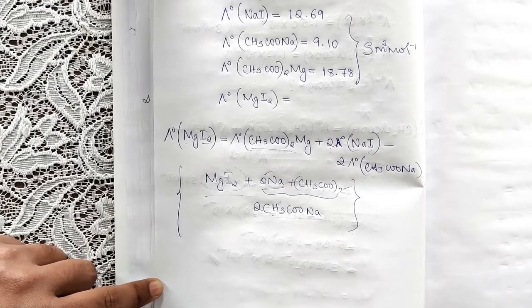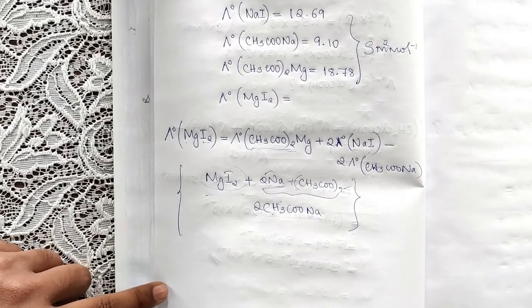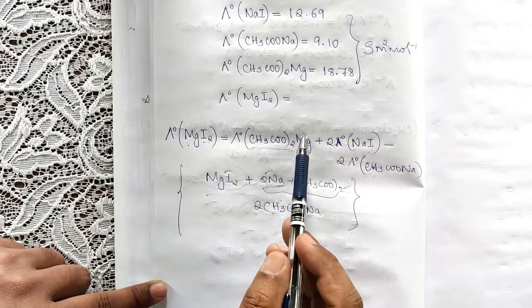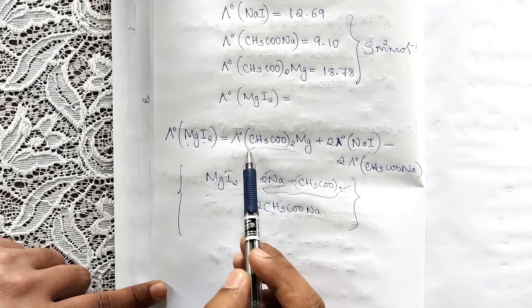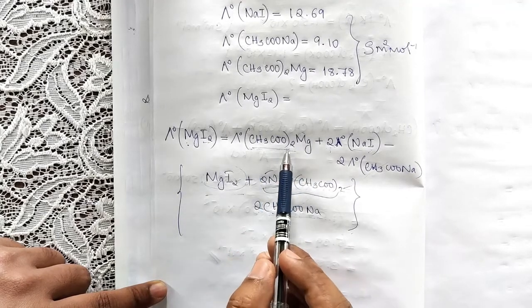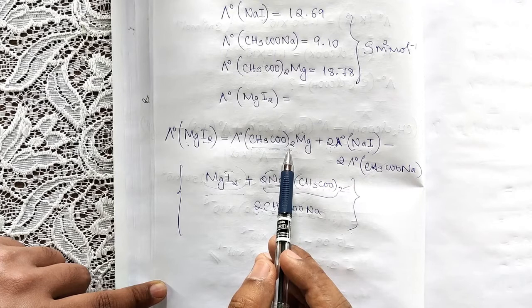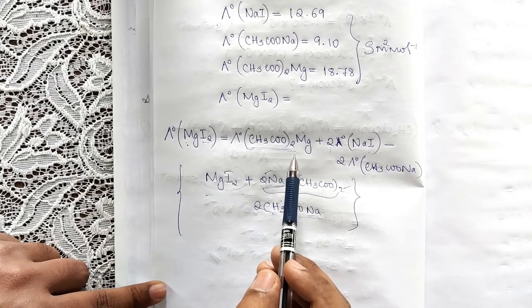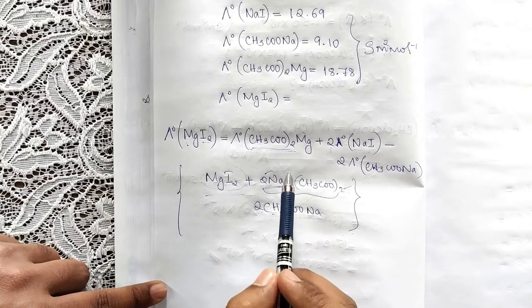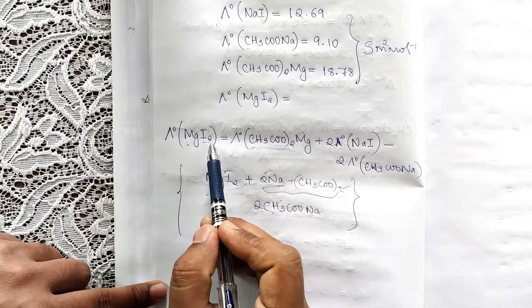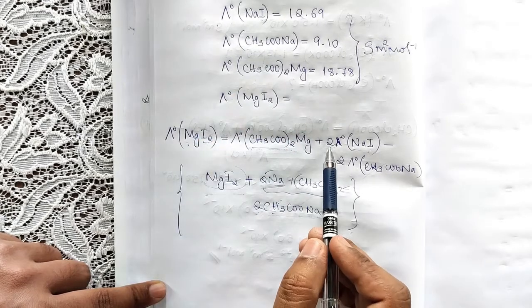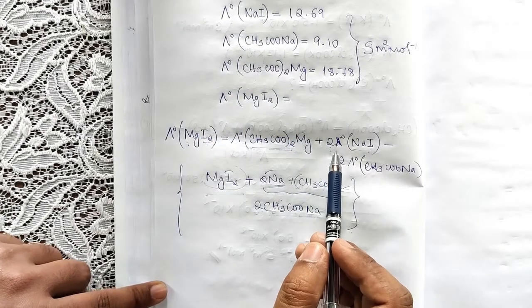I hope you understand. Out here we have only one Mg, so I didn't put 2 out here because Mg is already 1 out here. But in spite of that, we have acetate out here too, and also we have I2 out here, and we have only I out here. So in order to make this one I2, I multiply with 2 out here.